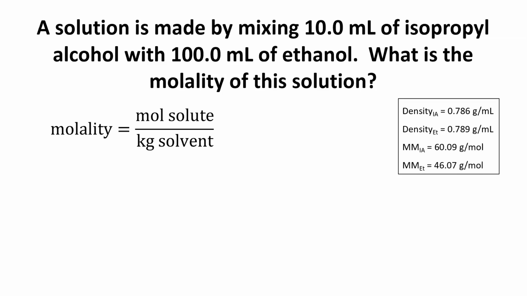That is the material that's there in the smaller amount per kilogram of our solvent. That is our material that is there in the larger amount. So our solute is the isopropyl alcohol, which is abbreviated IA in the little box on the right. And our solvent then is ethanol there at 100 milliliters. And it is going to be abbreviated ET in the box on the right.